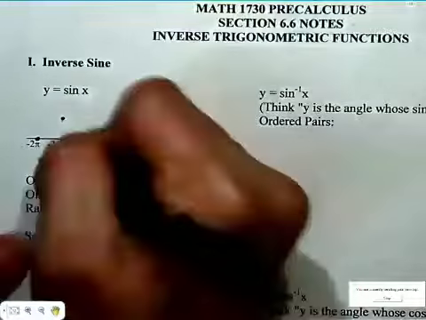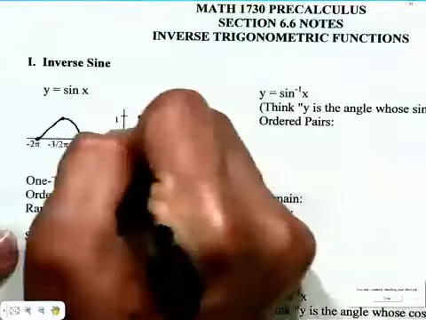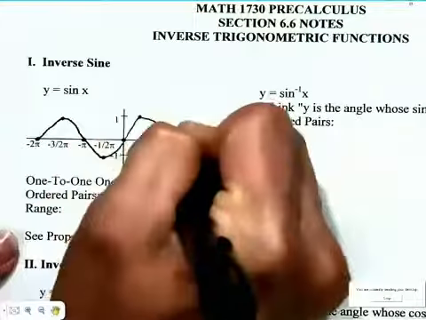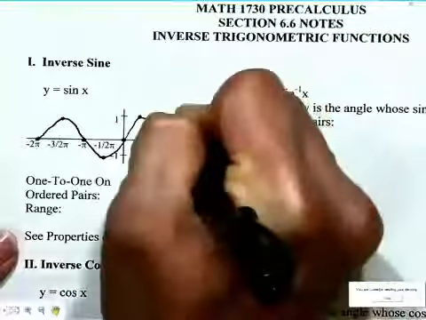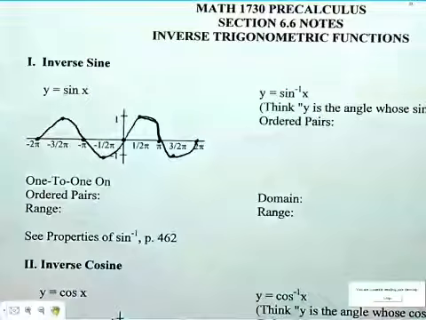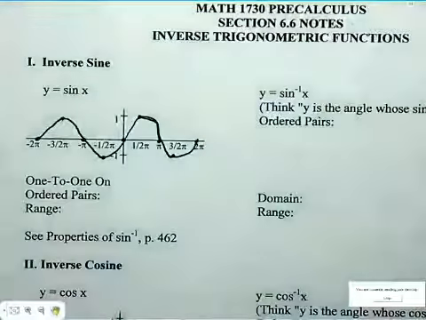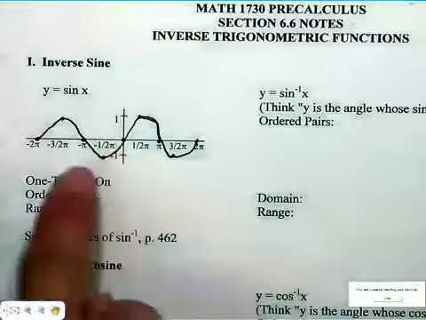So here are two complete periods of the graph of sine. This is a function because it passes the vertical line test.